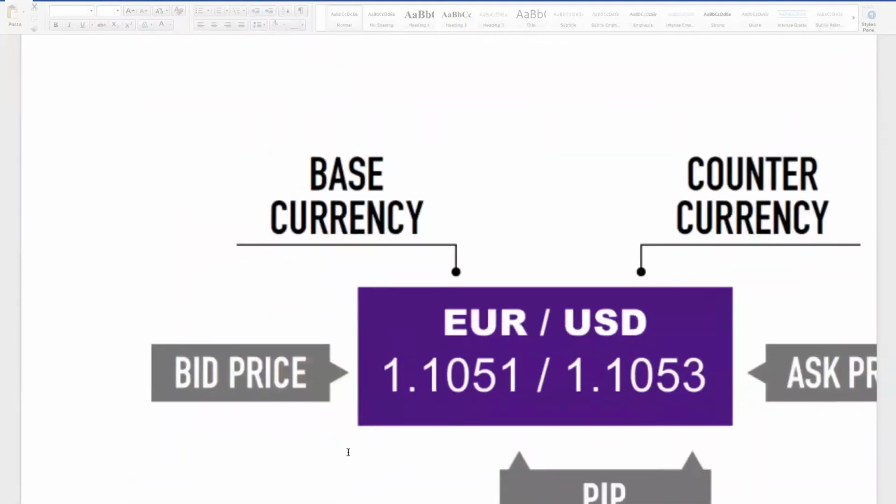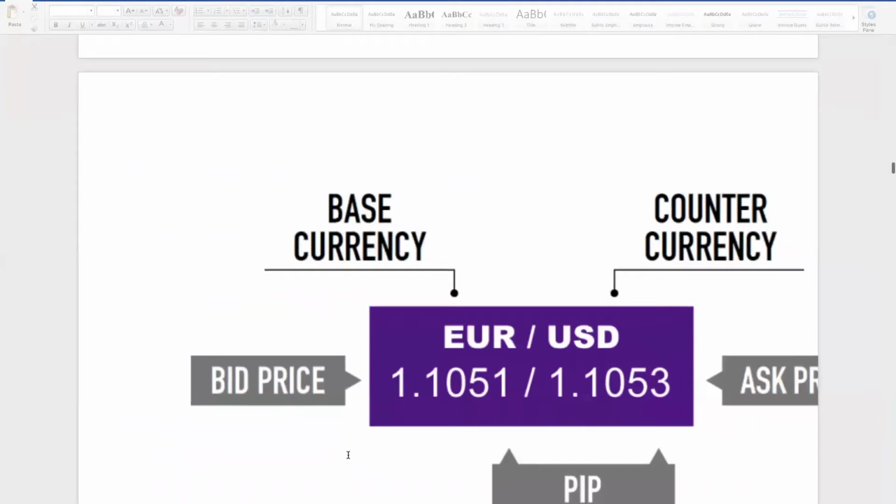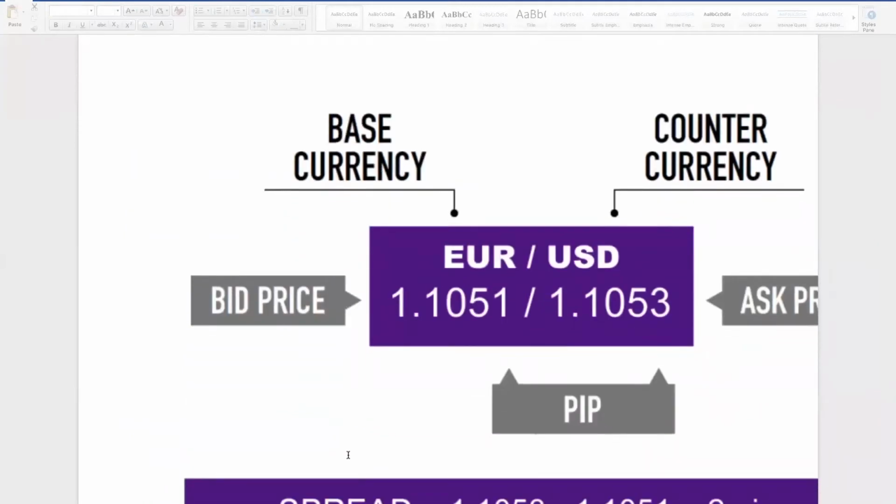This is another good example. As I was saying, there is a base currency and a counter currency, also called the quote currency. When you choose the pair EUR/USD, Euro becomes your base and USD becomes your counter currency.